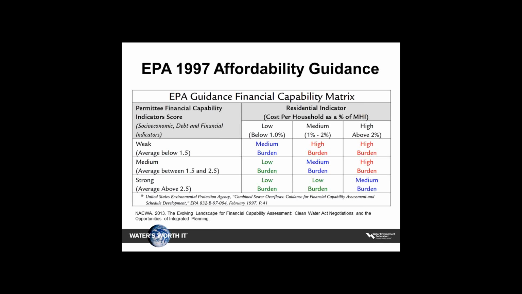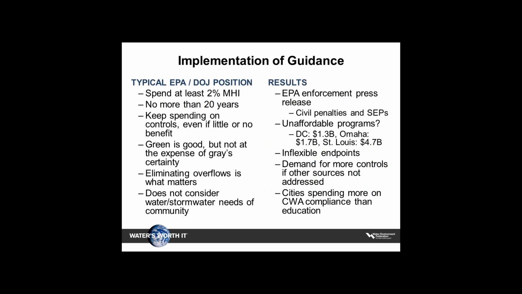EPA did acknowledge that 20 years was not set in stone, and then you started to see consent decrees with 23 years, 25 years, maybe 28 years. But it's unclear at this point in time whether they recognize that the 2% median household income should not be set in stone.